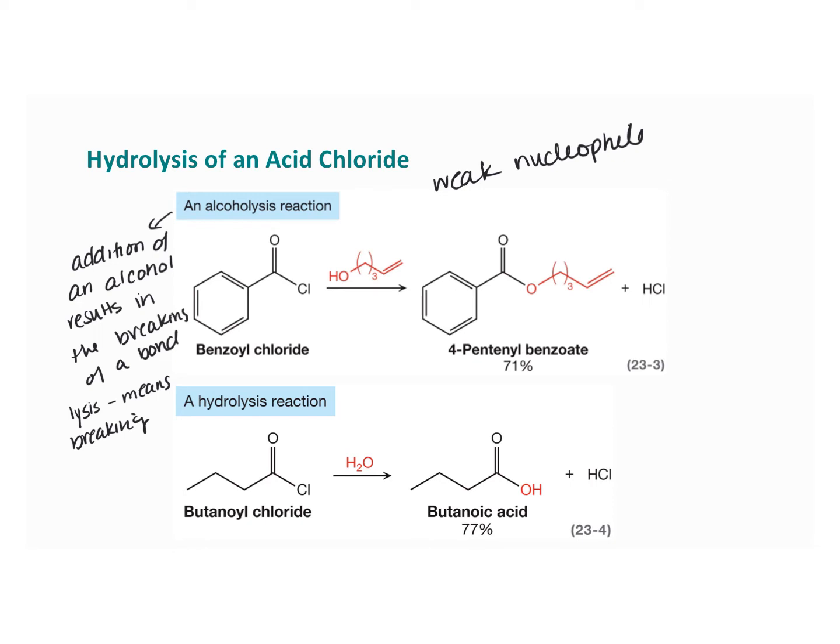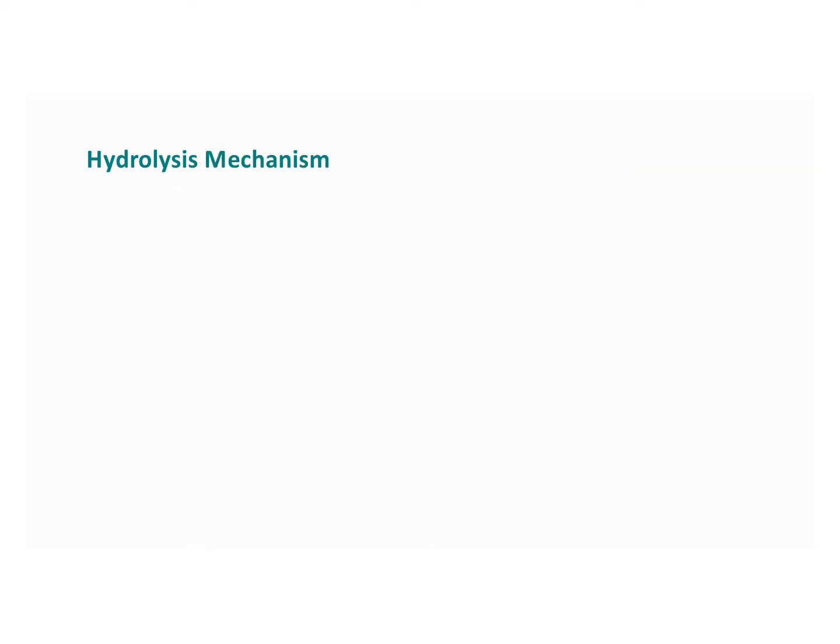So let's look at the mechanism of a hydrolysis reaction. So when we do this, we're going to draw our molecule first, right? And the first step here is a nucleophilic addition reaction.